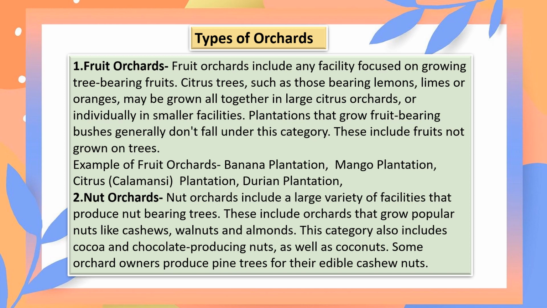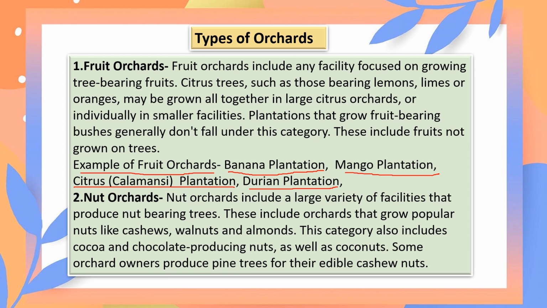Plantations that grow fruit-bearing bushes generally don't fall under this category. These include fruits not grown on trees. So we have examples of fruit orchards. We have banana plantation, mango plantation, citrus or calamansi plantation, and durian plantation.